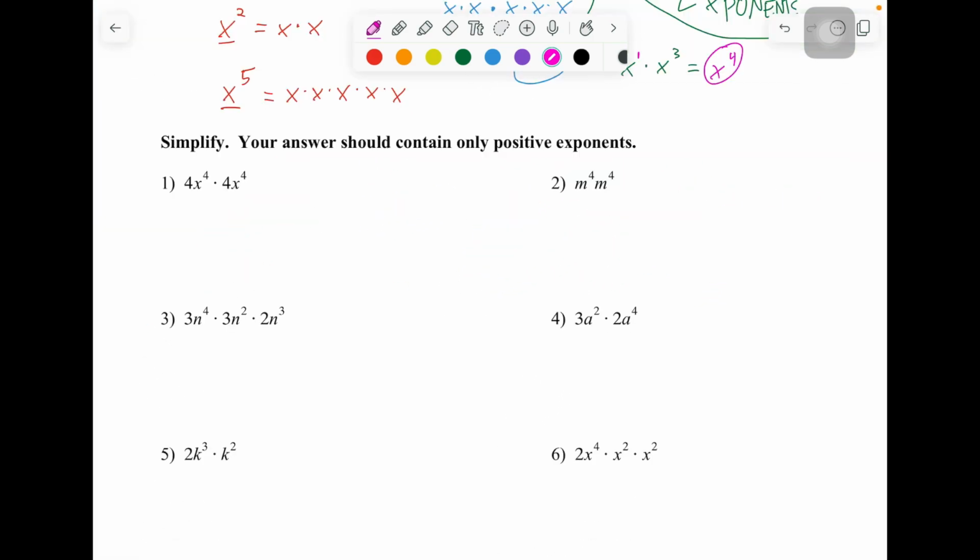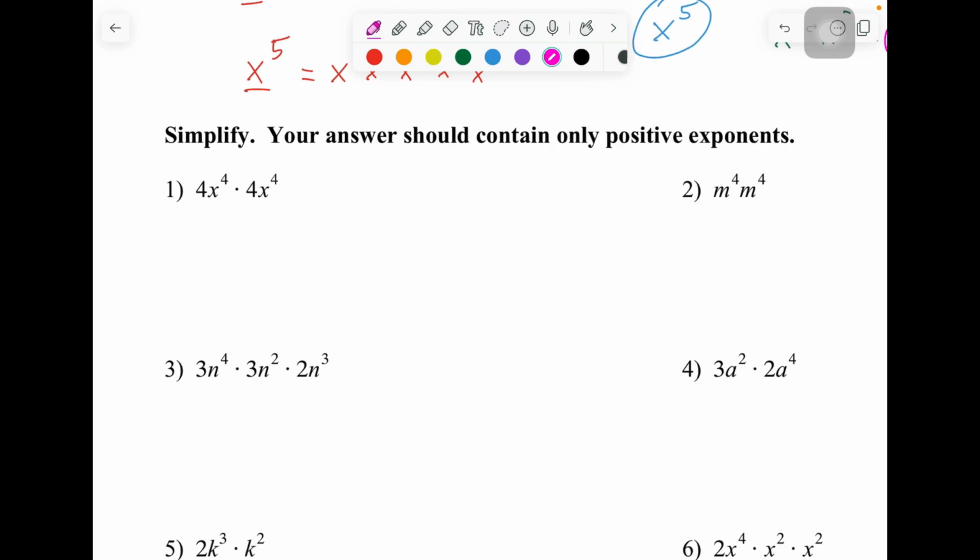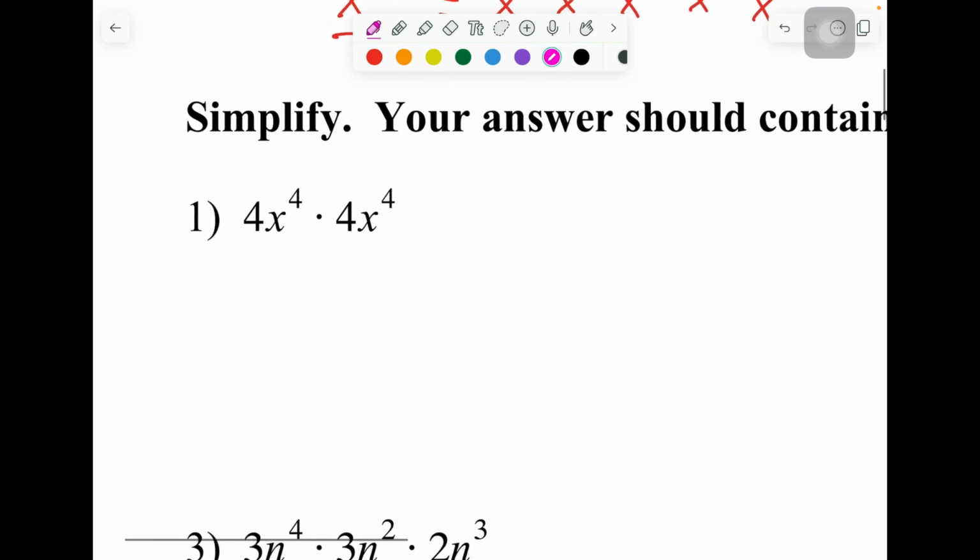Okay, so let's look at number 1. When you are going to multiply the big numbers in front, we call them coefficients. You treat those like you multiply any other number. Okay, so 4 times 4 is 16. And then you look at the variable with the exponents on it. Okay, so I have a 4 and a 4.